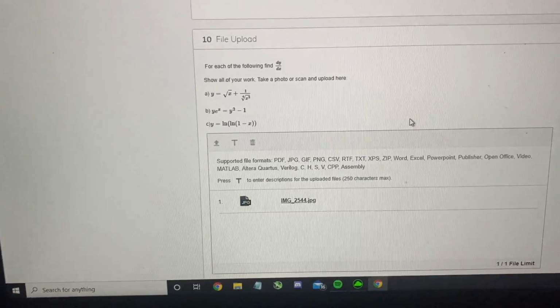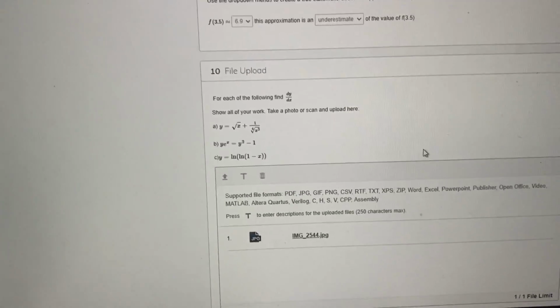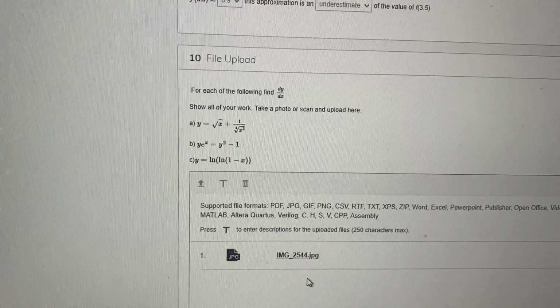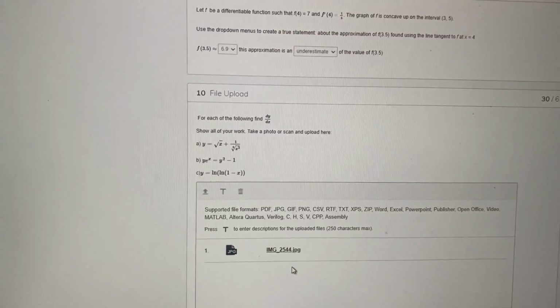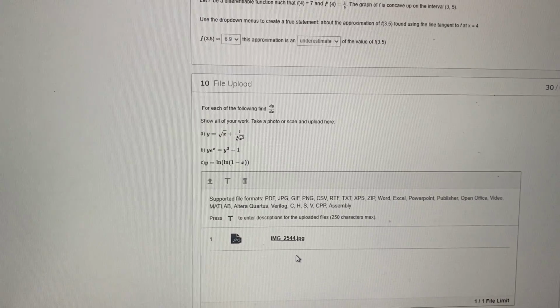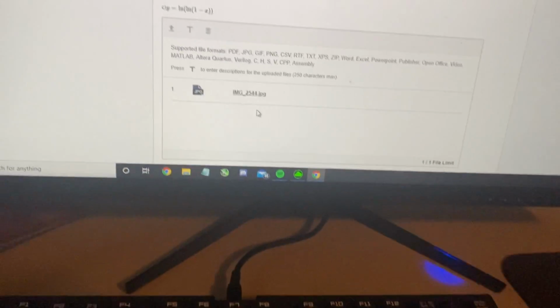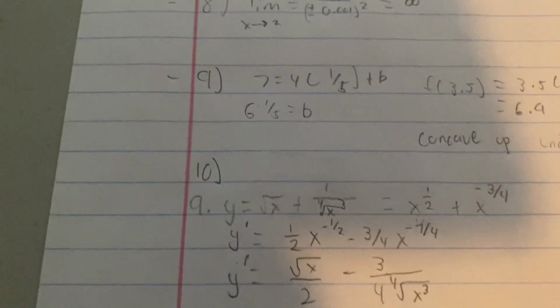Moving on to the last few derivatives. We just have to solve for the derivatives here. In order to do this, we can start tackling them. For the first one, y equals root x plus 1 over x to the 3/4 power. So we have that parent function right here.